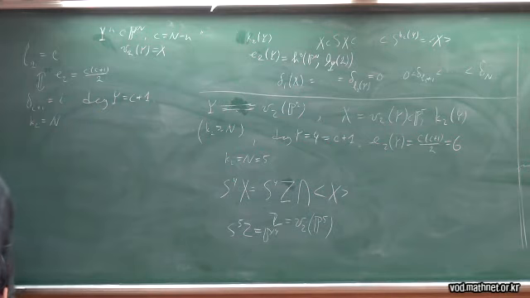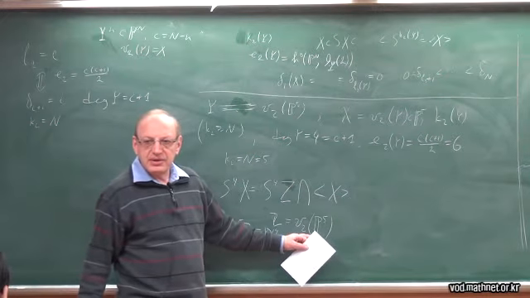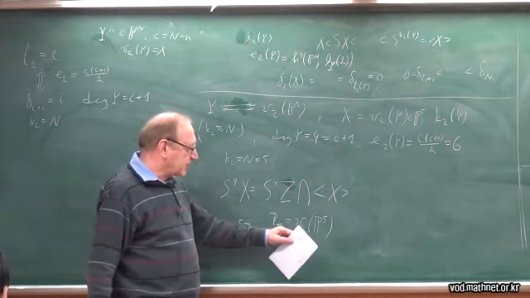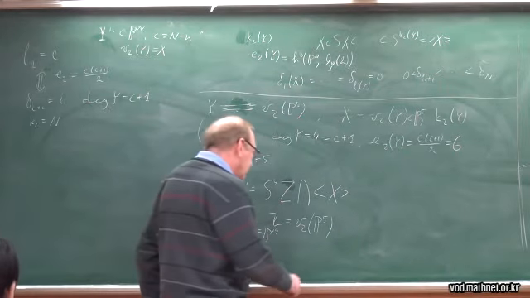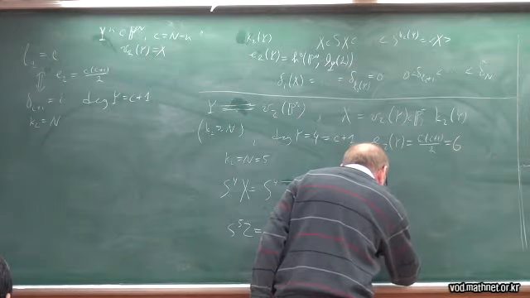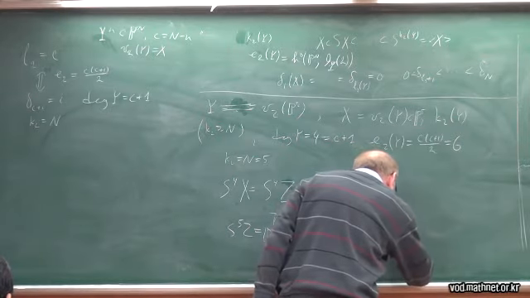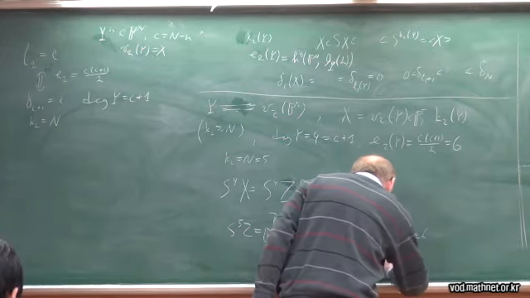It's defined by vanishing of a determinant. So we have here 6 by 6 matrices, because symmetric matrices. And the determinant is of degree 6. Hypersurface.